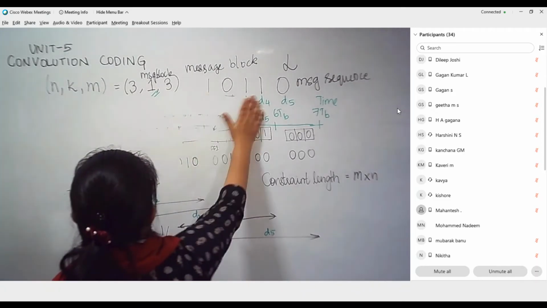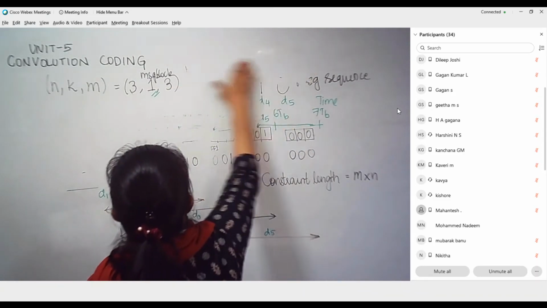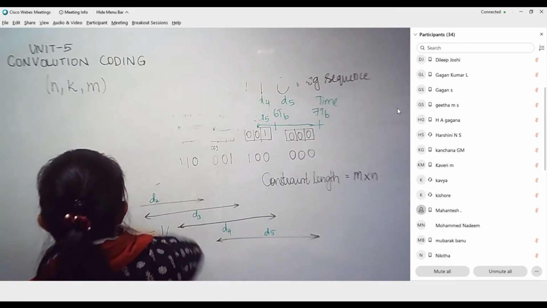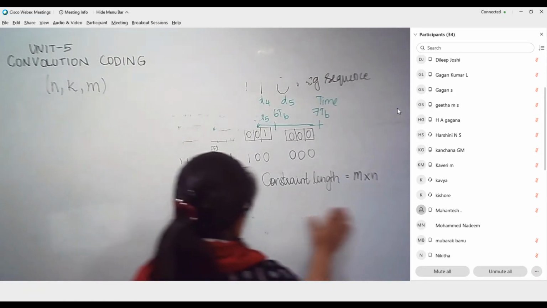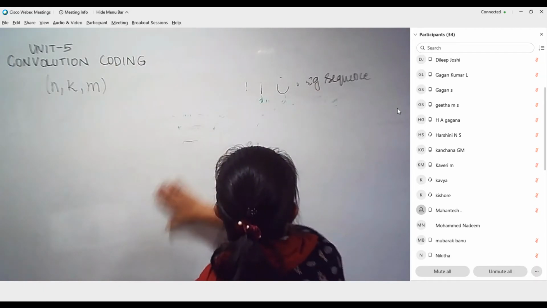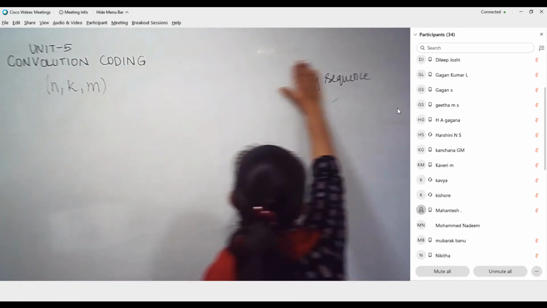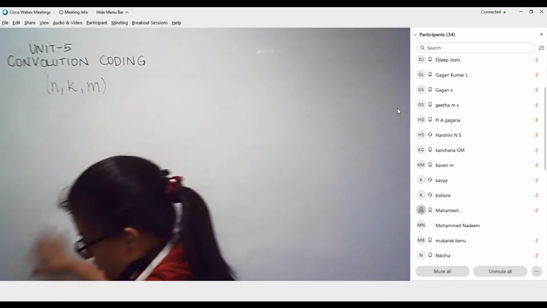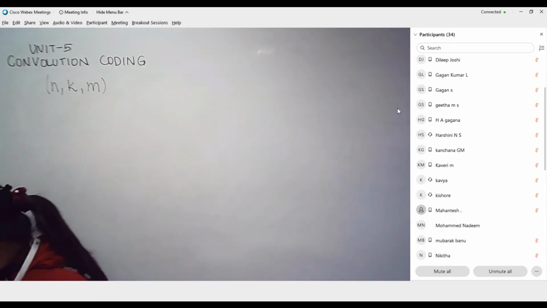So the next one that we will consider is a different n comma k comma m combination.